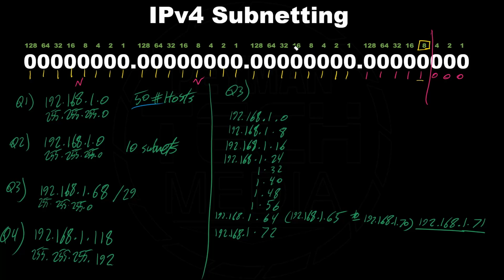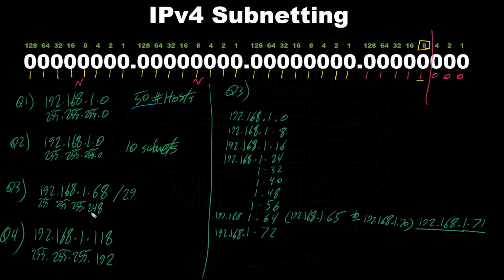That's the 255 here. But on the last octet, we have 1, 2, 3, 4, 5 bits borrowed from the host. So 5 network bits, 3 host bits. Therefore, our new subnet mask is 248.